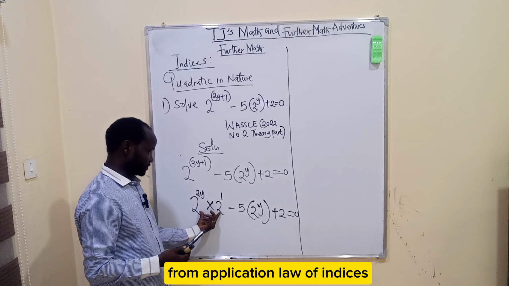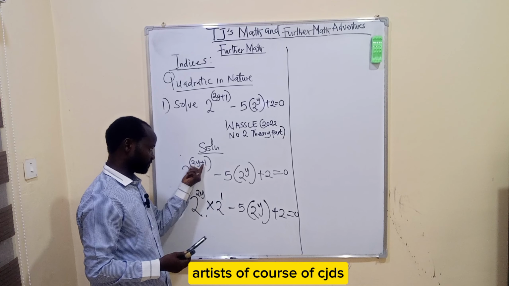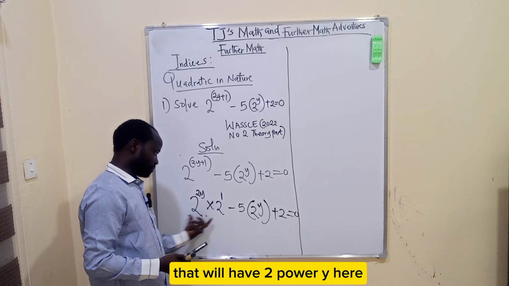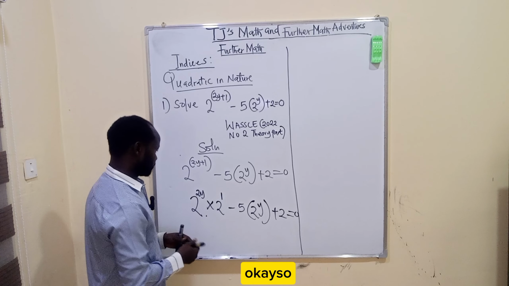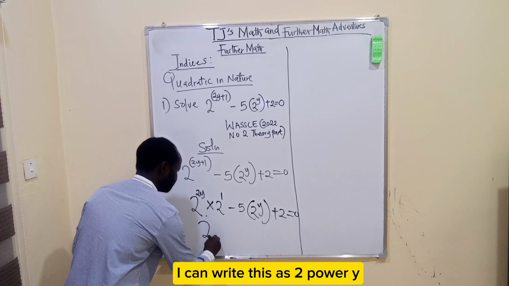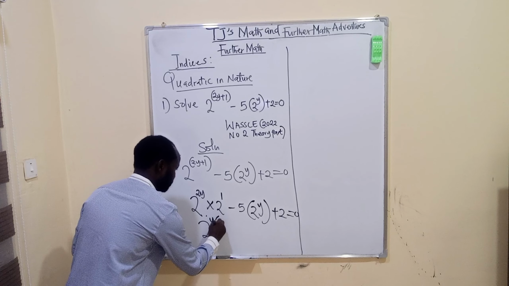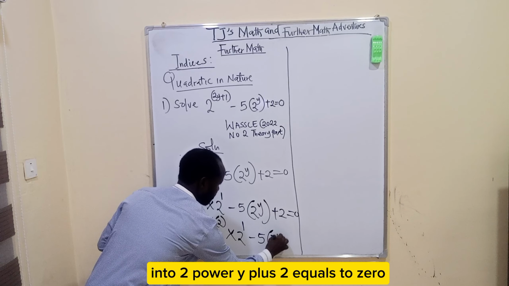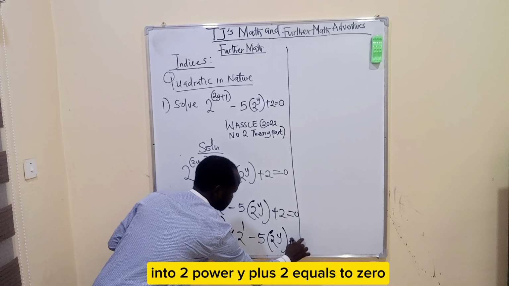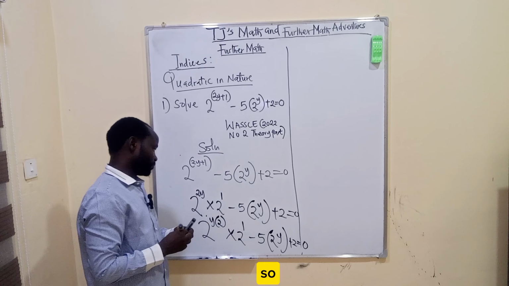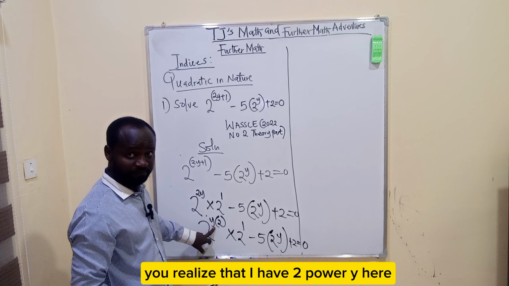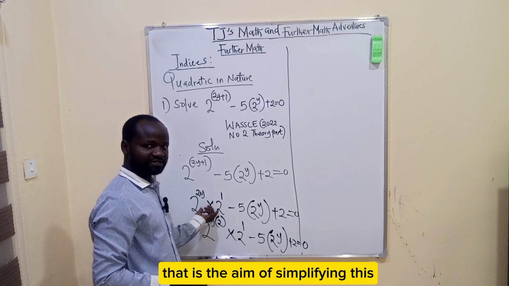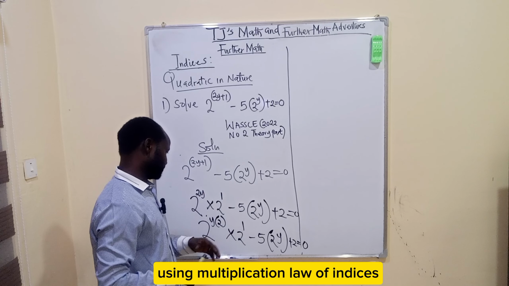From the multiplication law of indices, the bases are the same, so I can add the powers. So you realize that I have 2 power y here, and 2 power y here. That's the aim of simplifying this using the multiplication law of indices.